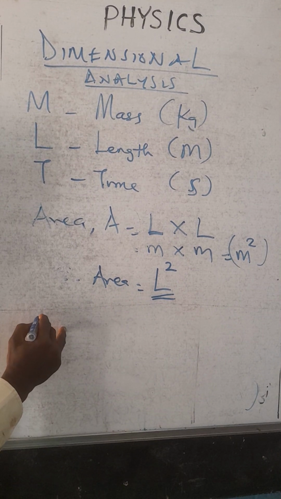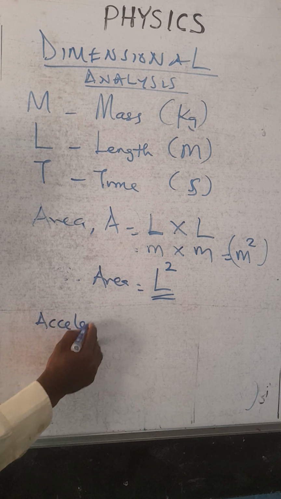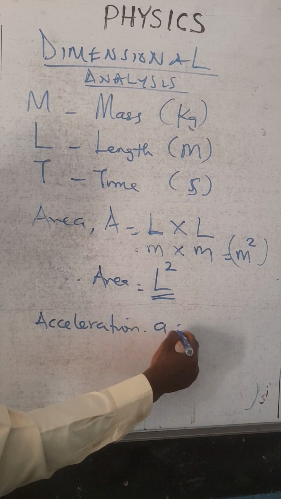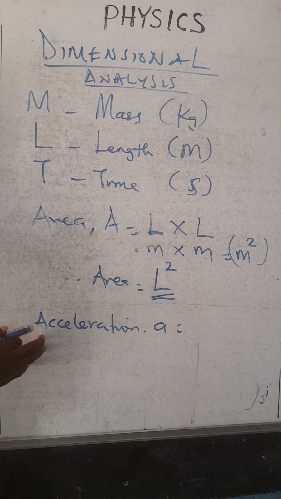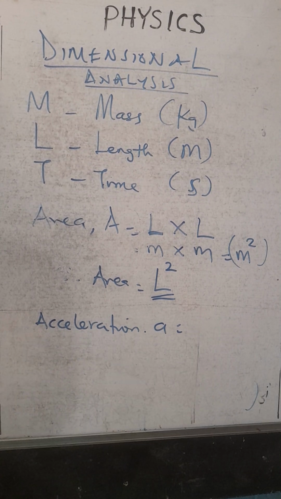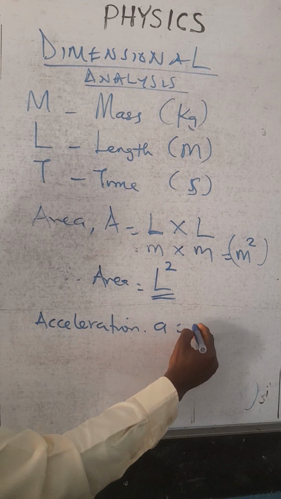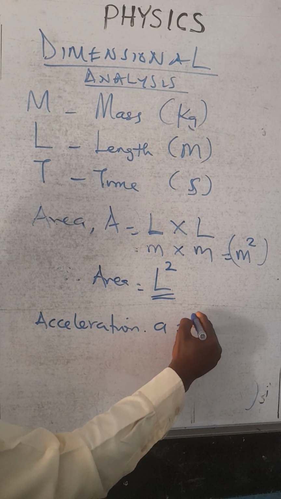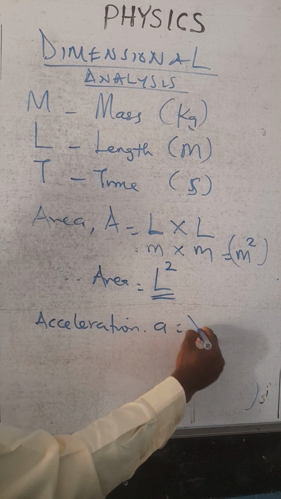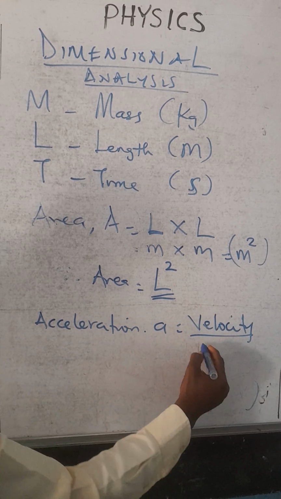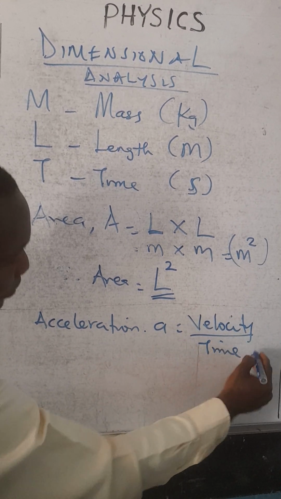For acceleration, for instance, let me make acceleration an example here. Acceleration as a derived quantity is measured as, let's say, velocity over time.